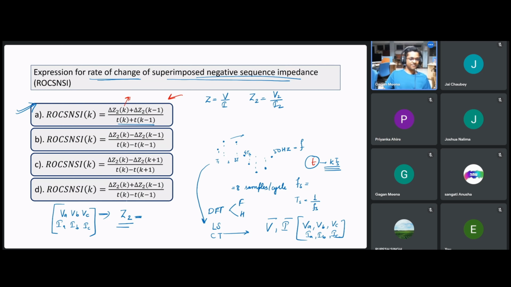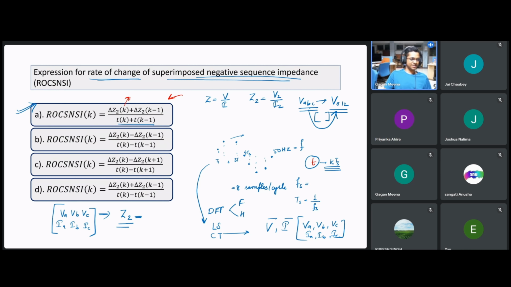But we only have this VA, VB, VC. From here, ABC, I want to go to V012 or V120. Right, Ali? So this is the sequence domain. This is the phase domain. So you have phase values, you want sequence values.